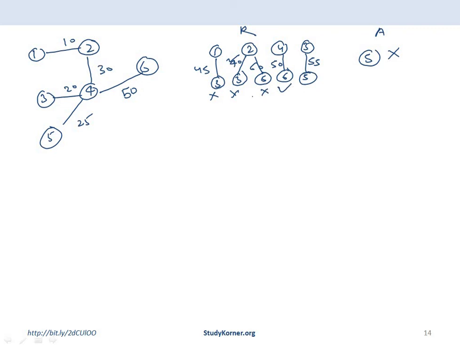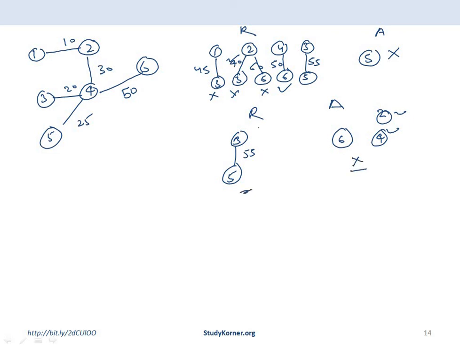After that, in the remaining set I have only one edge, that is 3 to 5, with the edge weight 55, and the adjacent set is the adjacent to 6. Now adjacent to 6 are either 2 or 4, and these two vertices are already covered, so there is no updation in the adjacency set.